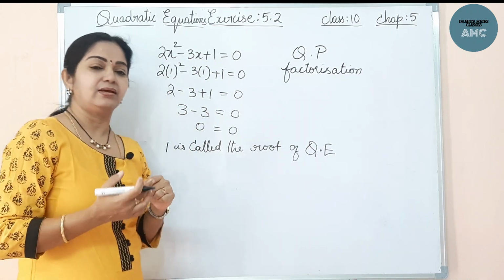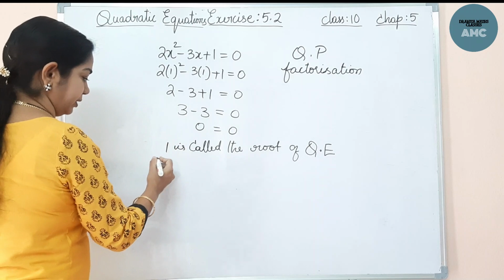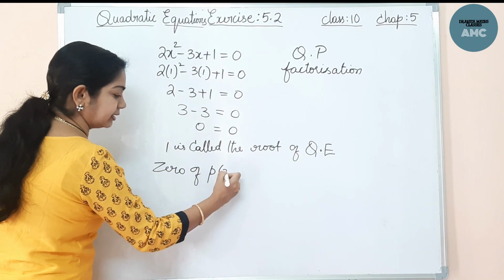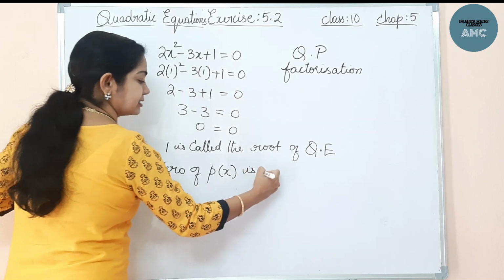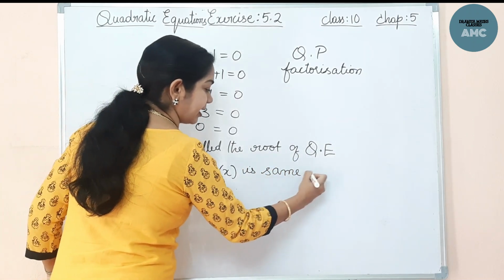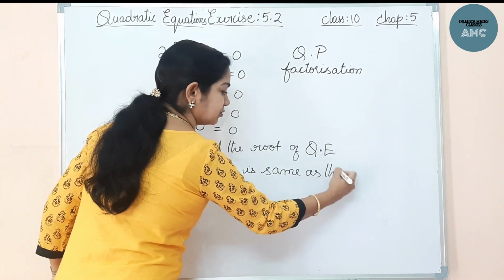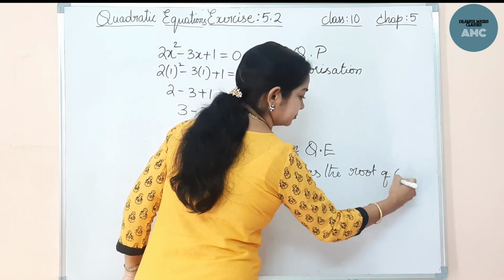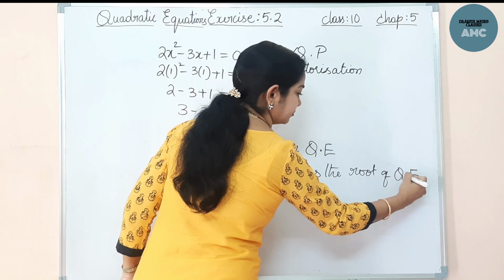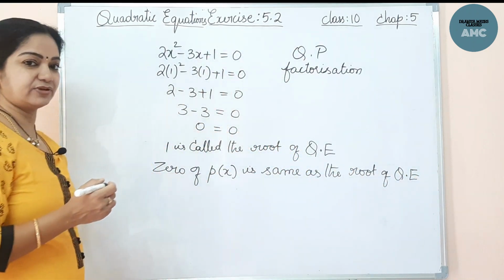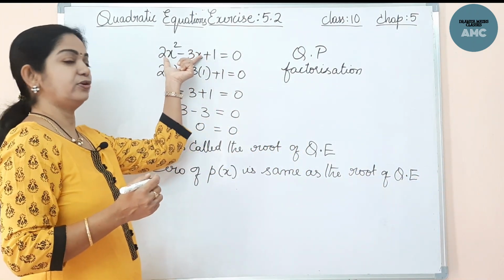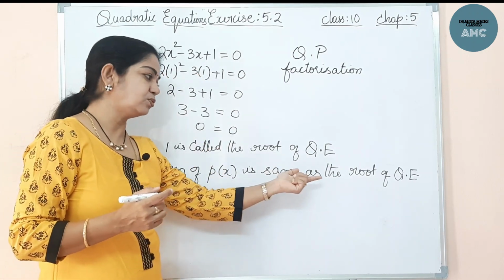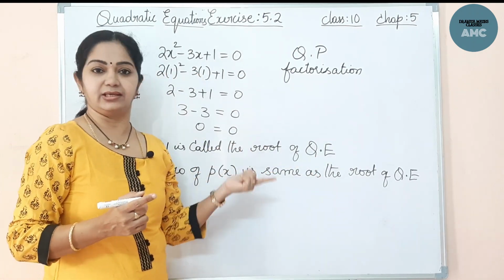The zero of the polynomial is one and the same as the root of the quadratic equation.